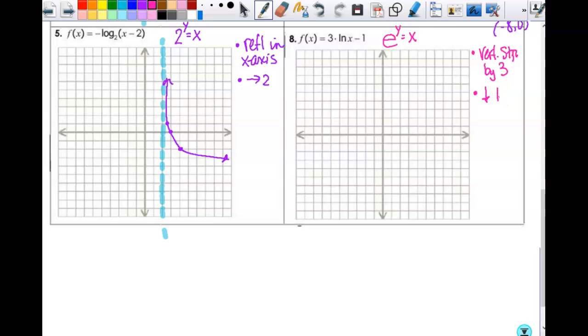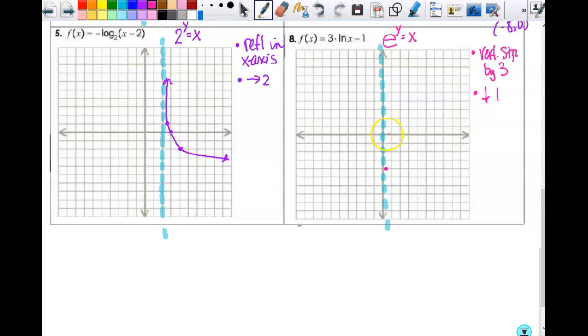Is there anything that affects my asymptote? No. So it is still here at x equals 0. All right. So then when y is negative 1, what is x? 0.36. Vertical stretch by 3. My y value is negative 1, so it becomes negative 3. And then I go down 1. So I'm about right there.